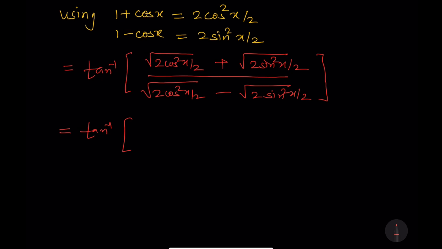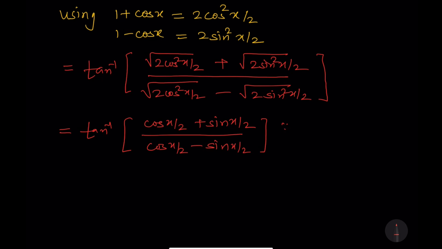Simplifying further, we get tan inverse of (cos x by 2 plus sin x by 2) upon (cos x by 2 minus sin x by 2).